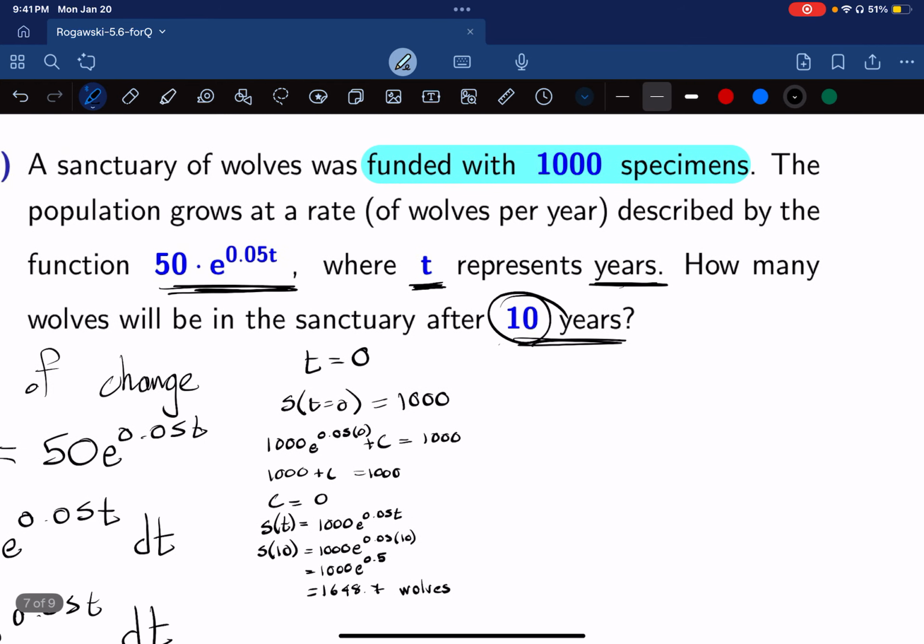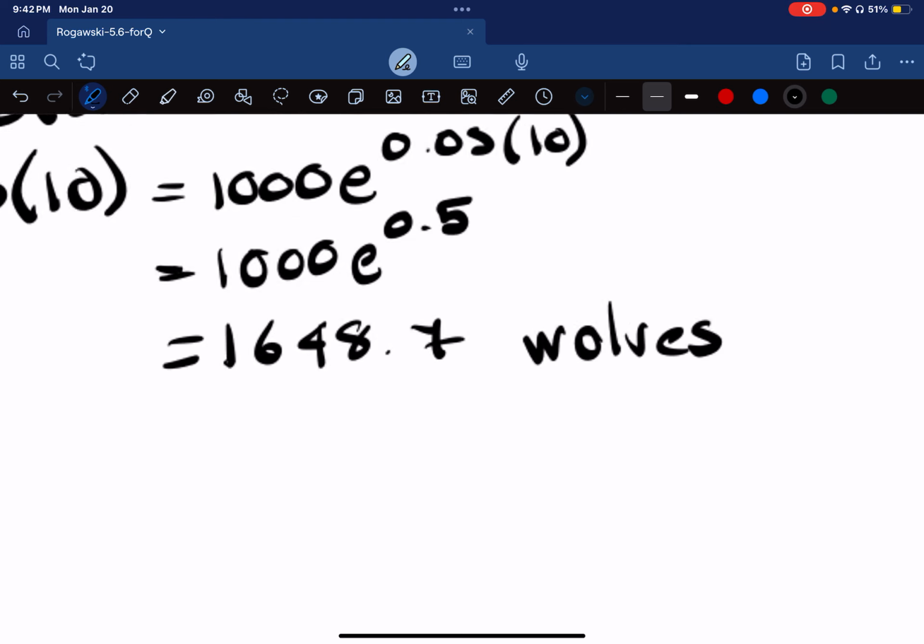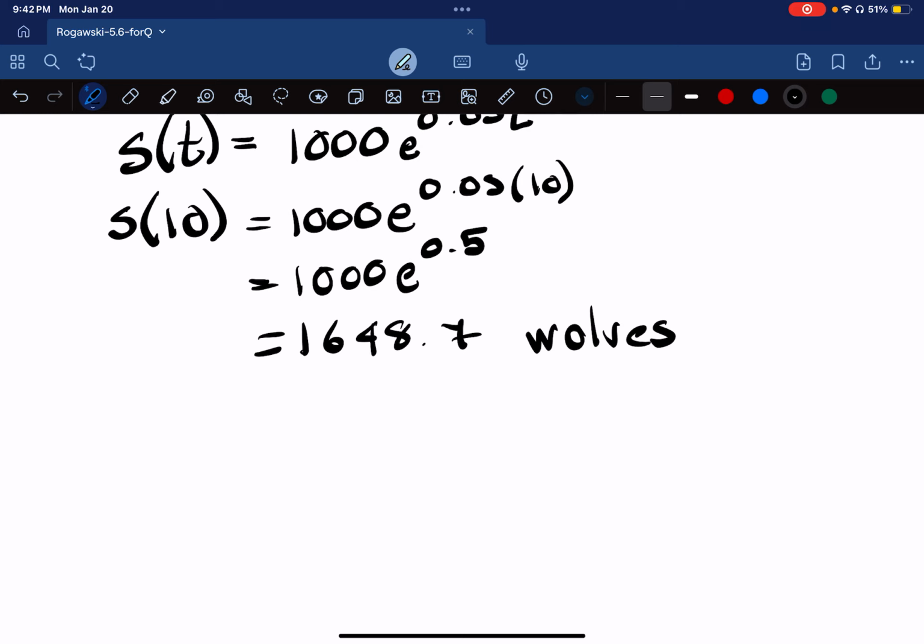Why wolves? Because the rate of change is wolves per year, and t represents years. So once you get rid of that, there is going to simply be 1648.7 wolves. Now, when it comes to people or animals, I do usually like to either round up or down to the nearest item or person.